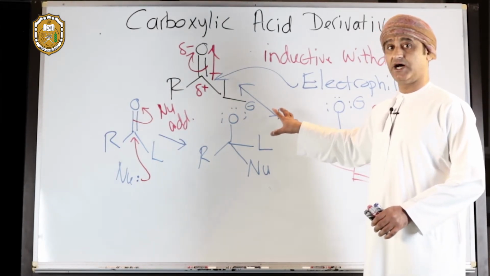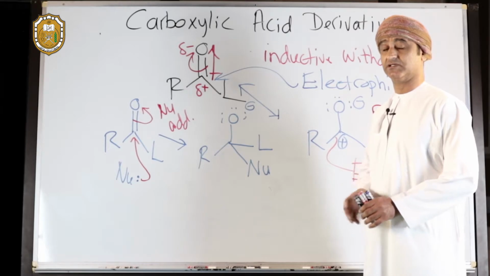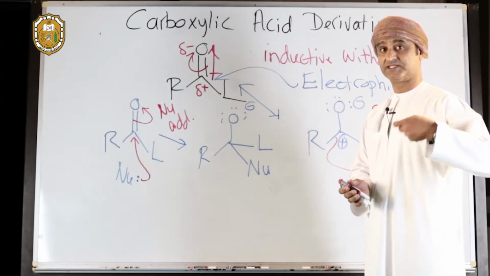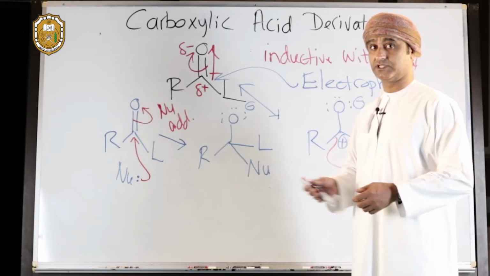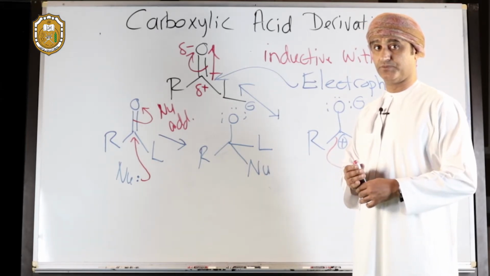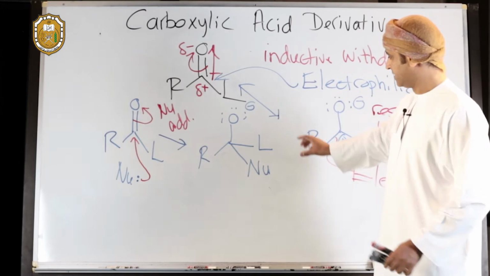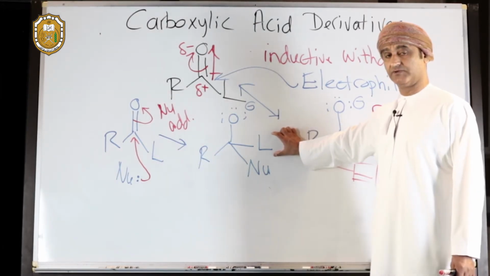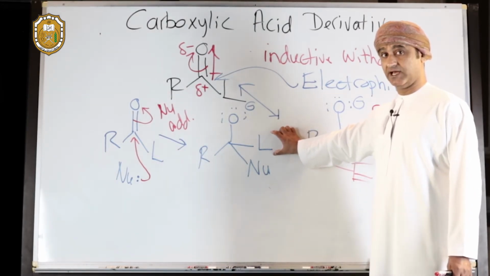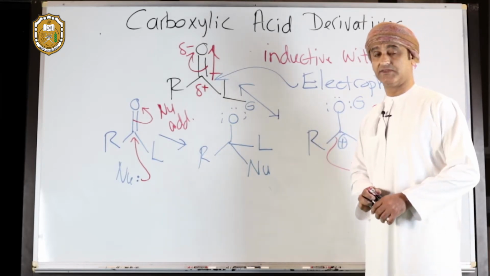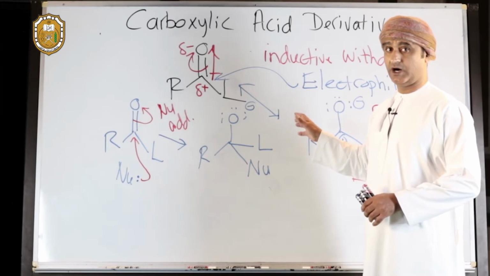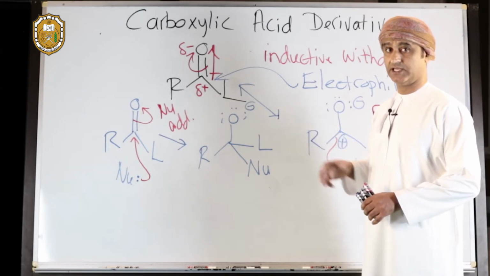Now, in the case of aldehydes and ketones, this alkoxide intermediate undergoes a subsequent protonation step. That's by reacting the alkoxide with an acid. But now here we have L or Y, if you like. This could be X again, as in the case of acid halides. It could be a carboxylate, as in the case of acid anhydrides, OR in esters, or NR2 in amides.